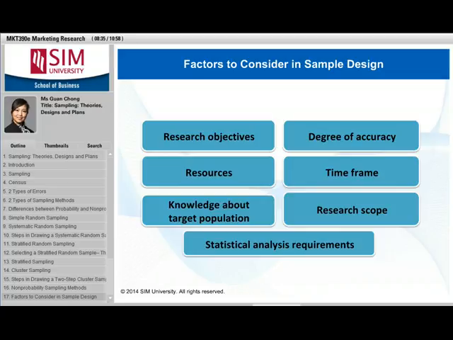There are 7 major factors to be considered in sampling design, including research objectives, degree of accuracy, resources, time frame, knowledge about the target population, research scope, as well as statistical analysis requirements.